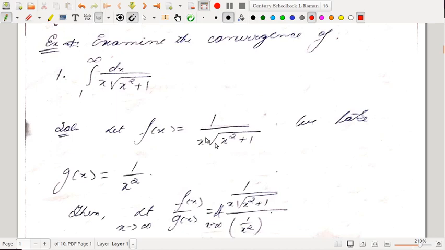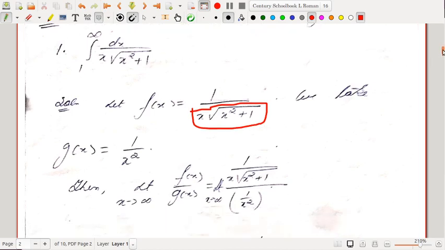From here, after simplification, what is the power of x? x square will come out as x, so x into x is x square. In the denominator, you will get the power of x as x square. So this gives us a rough idea that we can take the comparison integral as g(x) equal to 1 by x square.